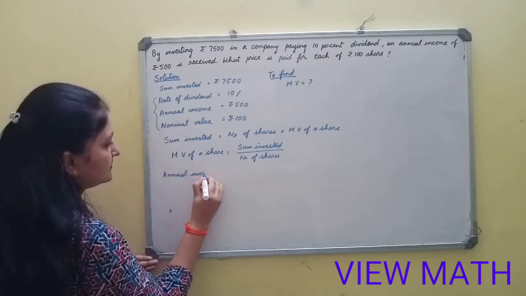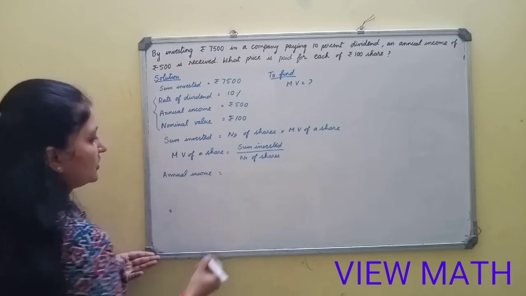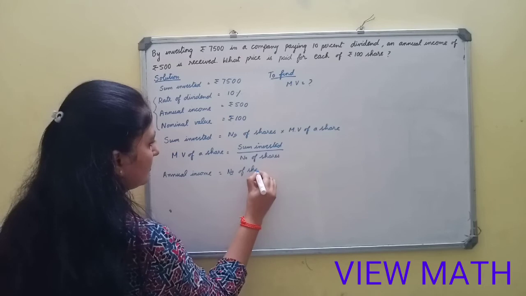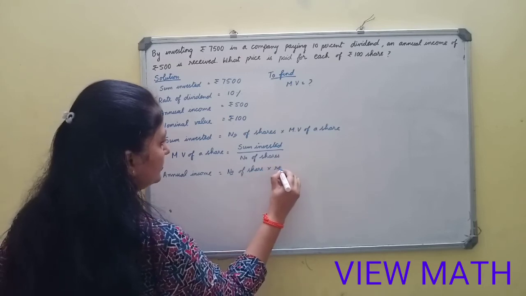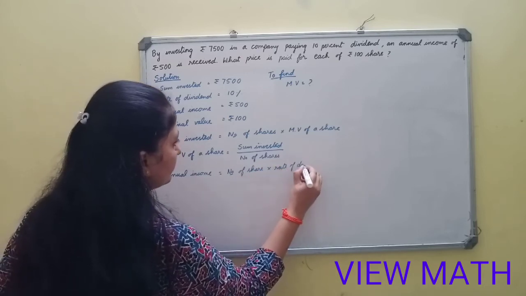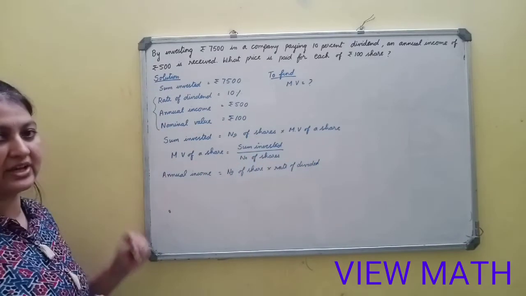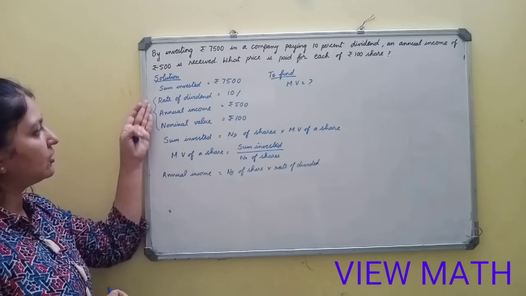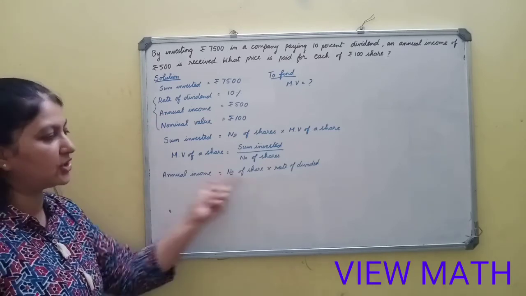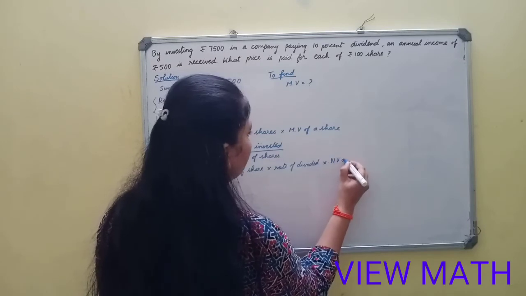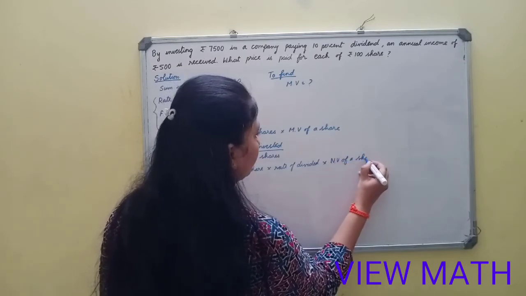Annual income is equal to number of shares into rate of dividend into nominal value of a share.